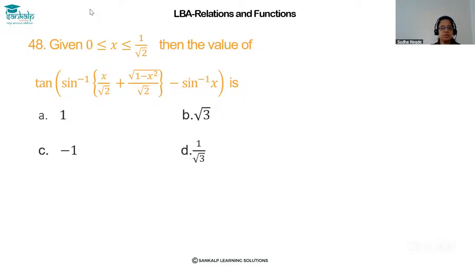Hi students, the question is: given 0 less than or equal to x less than or equal to 1 by root 2, then the value of tan of sine inverse x by root 2 plus square root of 1 minus x square divided by root 2 minus sine inverse x is: option A 1, option B root 3, option C minus 1, option D 1 by root 3.